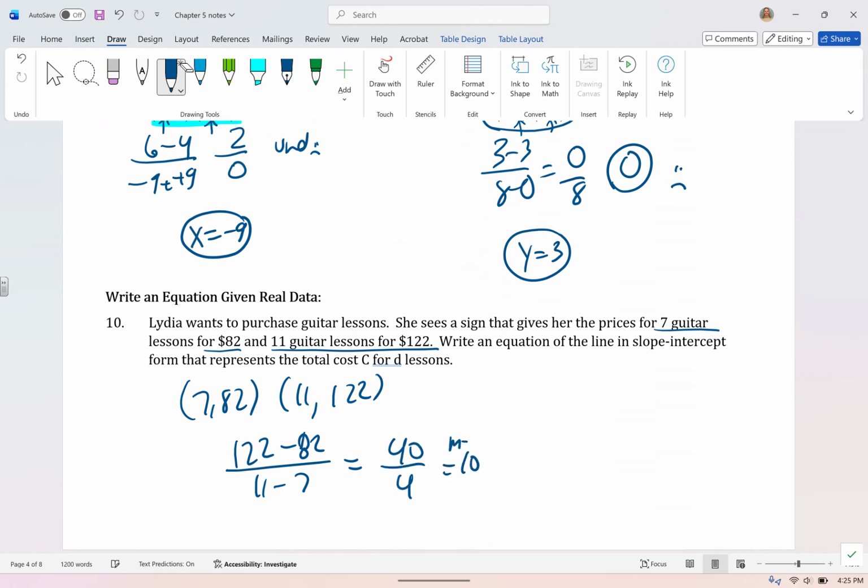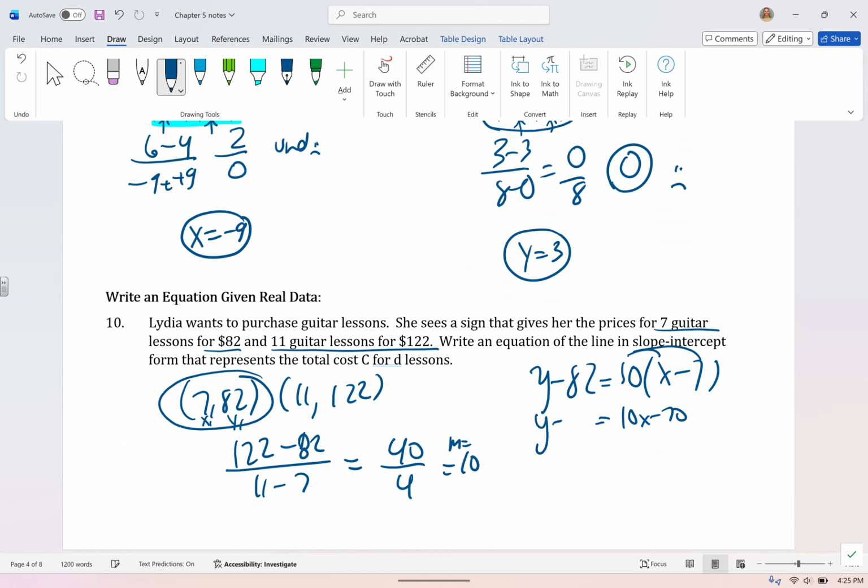That's my slope. And pick a point. I'm going to do the first one for x1 and y1. And then distribute and solve. You get 10x minus 70. There we go. That's our equation. If x is the number of guitars lessons you buy, and y is the cost.